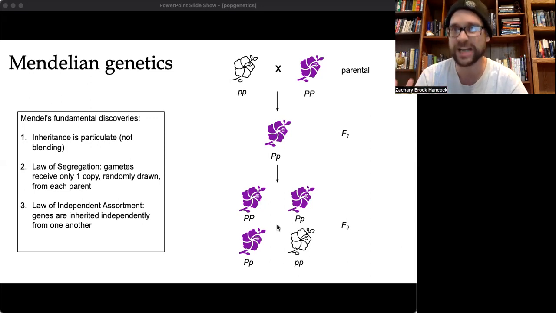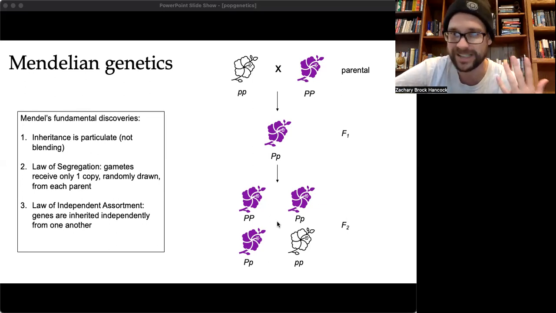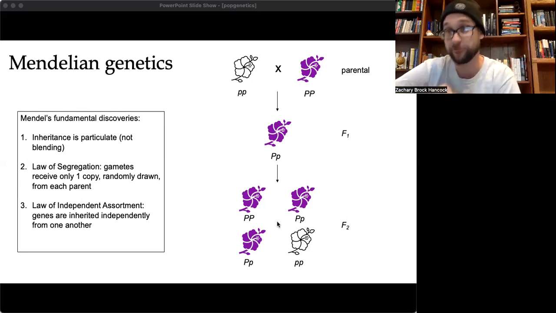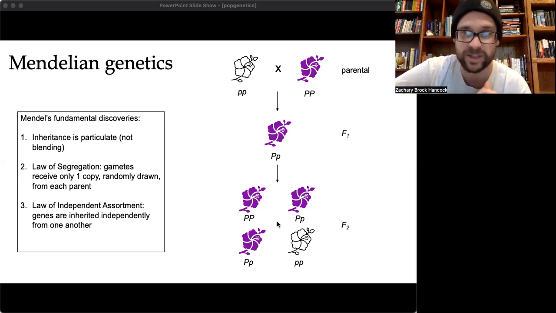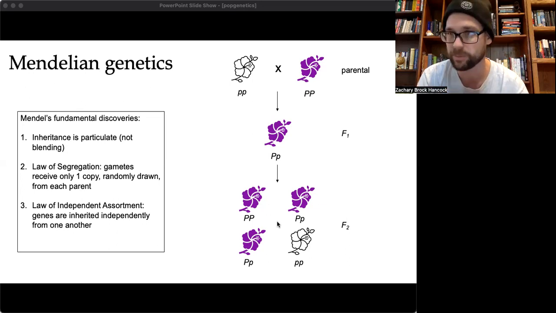This is one of those stories. He writes that on January 13th, 1908, which is before G.H. Hardy wrote his letter to the journal Science, Wilhelm Weinberg read to an evening meeting in Stuttgart, Germany, a paper in which he, quote, described the general equilibrium principle for a single locus with two alleles.